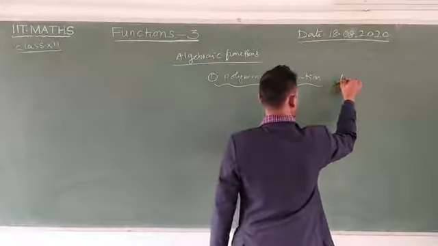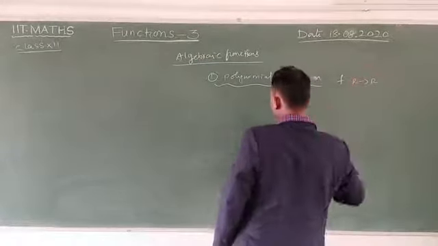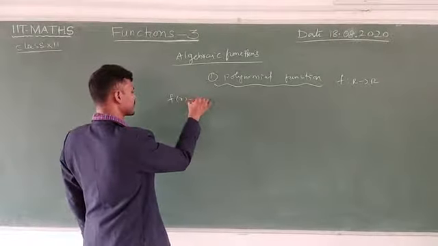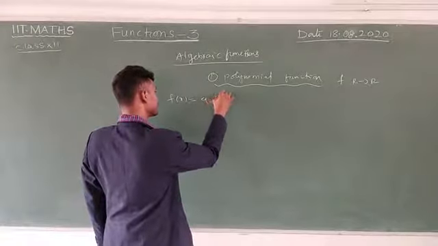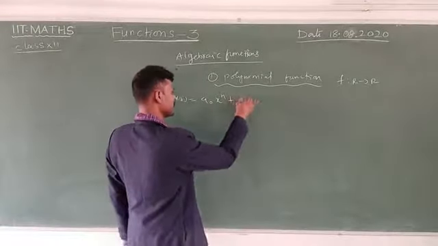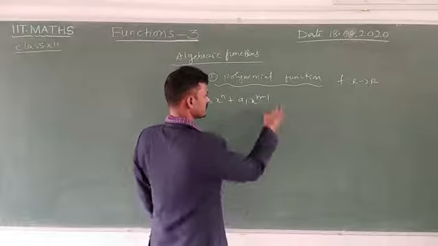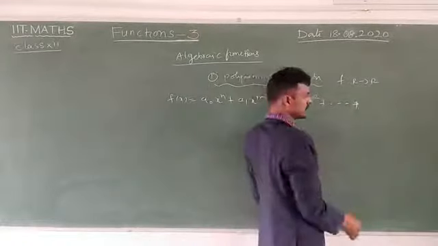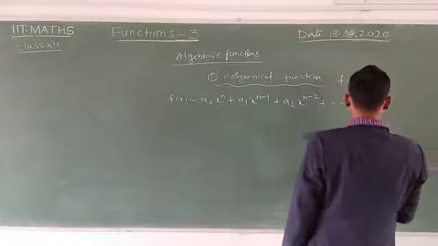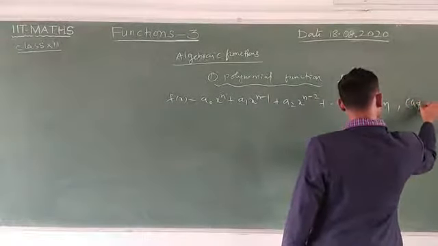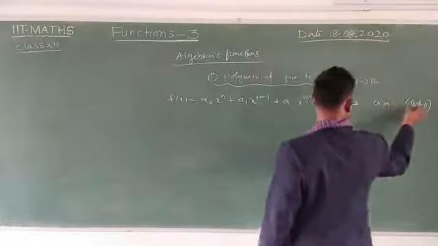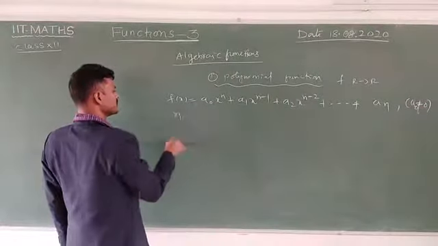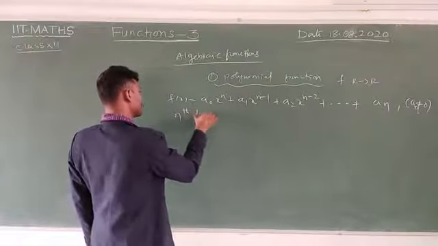F is a mapping from R to R defined as a polynomial function. Then f of x is equal to a0 x to the power of n plus a1 x to the power of n minus 1 plus a2 x to the power of n minus 2, and so on up to a n. Here a0 is not equal to 0. Then this is called an nth degree polynomial.